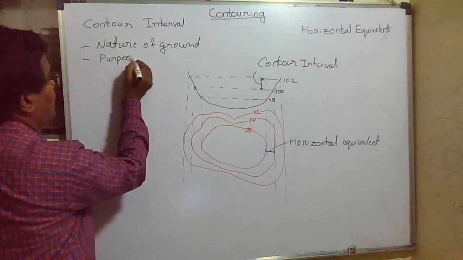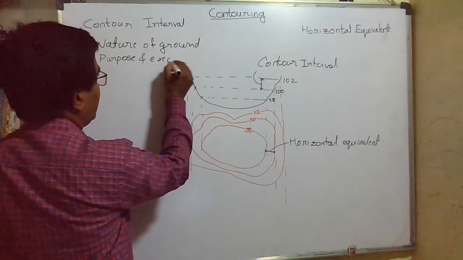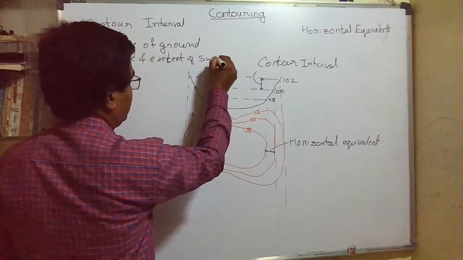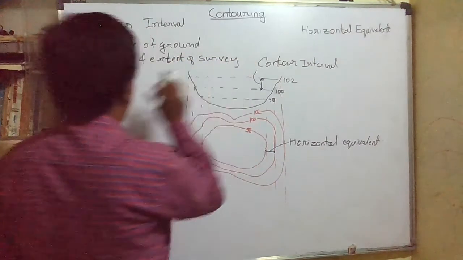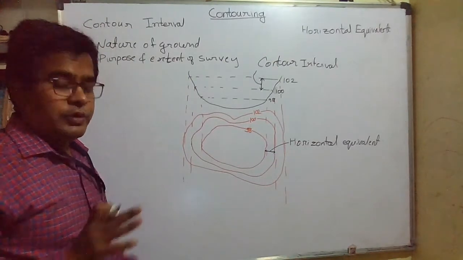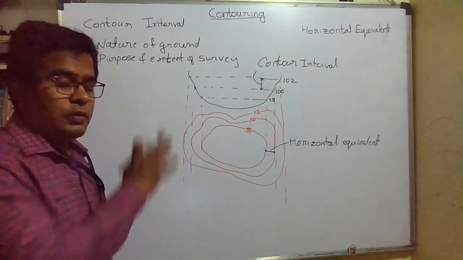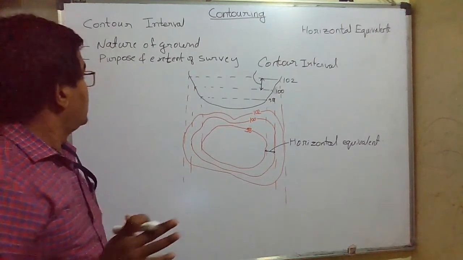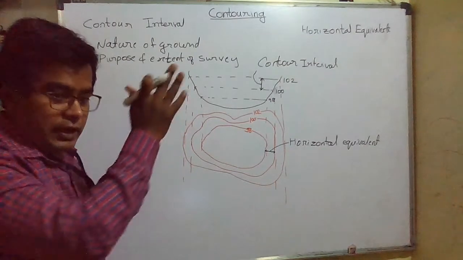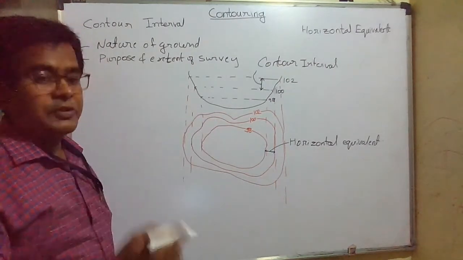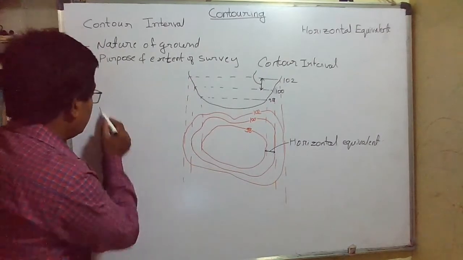Purpose and extent of survey means what is the purpose? If we have to decide a location for a dam or a pond, then we need an area like a pot shape, so we need a larger contour interval, that is, steep slope ground.